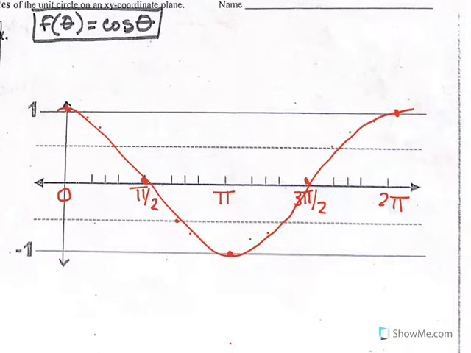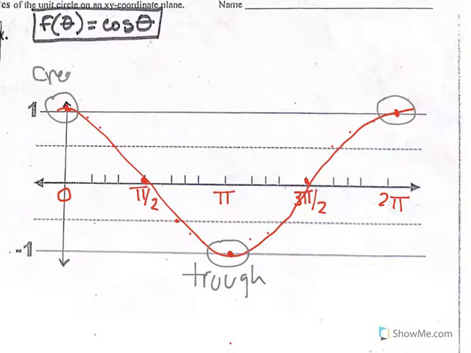Okay? Now, we talked about crest and trough with the sine graph. If you look here, definitely at the bottom, that is called your trough. If you look at the top, the highest, you actually have a crest at 0 and you have a crest at 2 pi. So those are the highest points. Same thing as we talked about before on the sine.